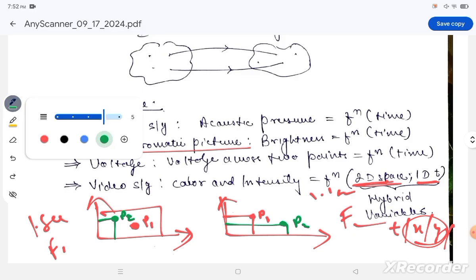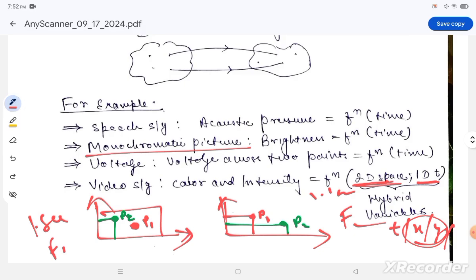See, in this case, what is happening? There are three variables: one is time, one is x, and another one is y. Along with time, at 1 second and 1.1 second, the frame is changing. The color is changed. Any frame is made up of a lot of pixels.